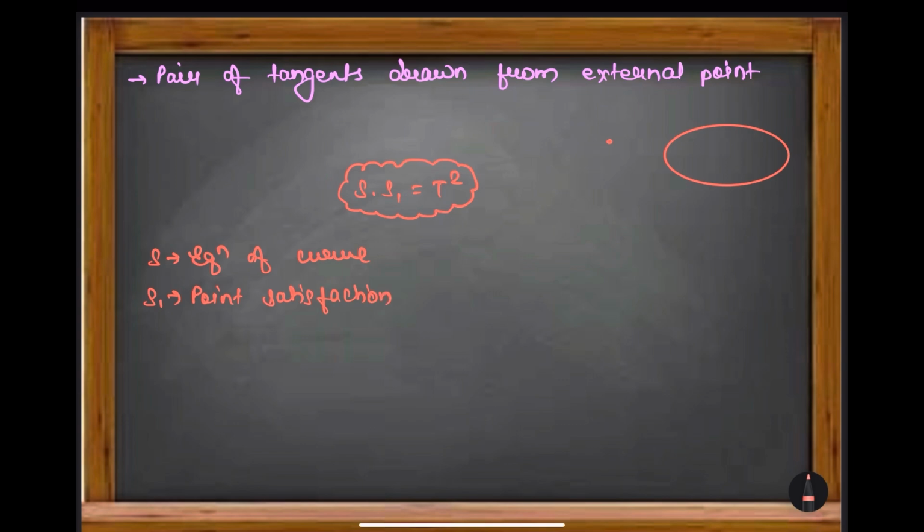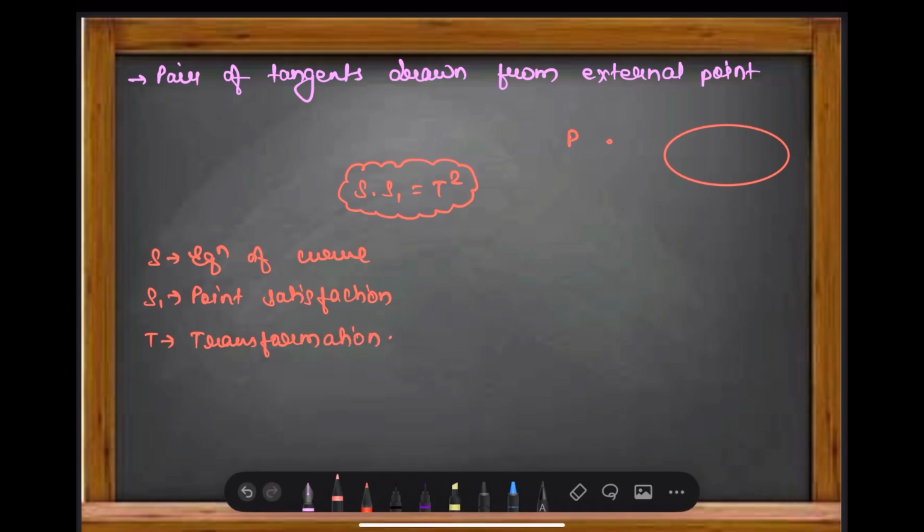Means you will have a curve, you will have this point P, you have to satisfy the point on the curve. The number which you will get, you have to write it here. And then T is transformation.